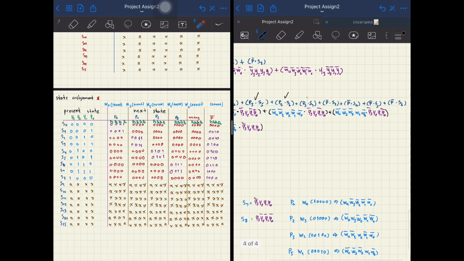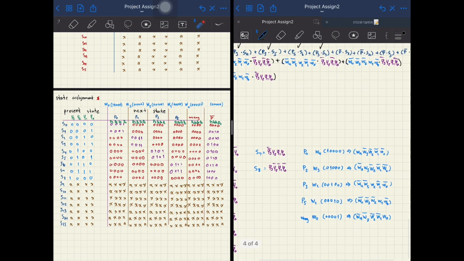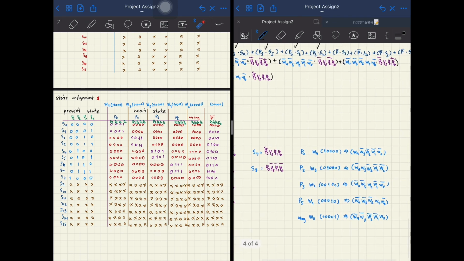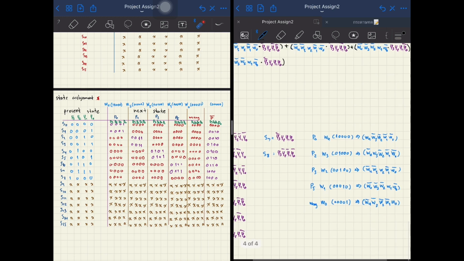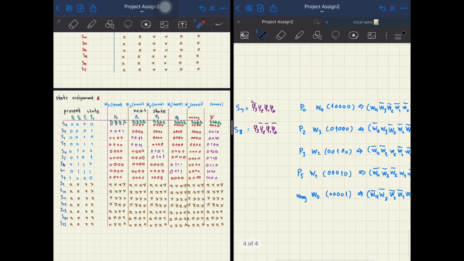We check it. Next, not P, or P bar, and with S3. P bar. Oh, P bar. I forgot it. P bar means 0 0 0 0 0, right?